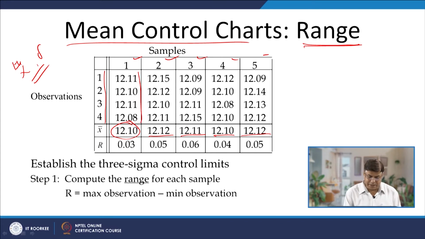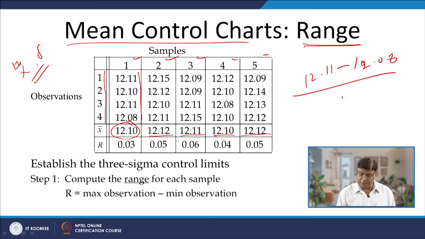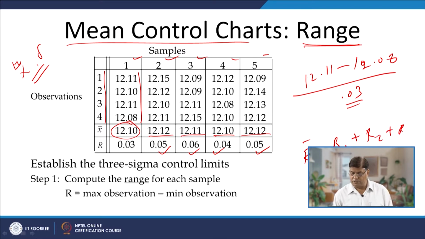So, this is the average quality characteristic of each sample which has 4 units, and then the range is identified, the difference of maximum and minimum. So, 12.11 minus 12.08 will give you the range of 0.03 for sample 1. Likewise, the range for the different samples is calculated, and then R bar is calculated from the range for sample 1, range for sample 2, range for sample 3 up to R 5, divided by 5.